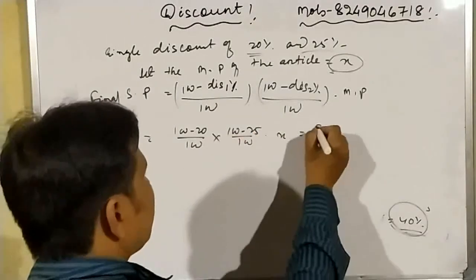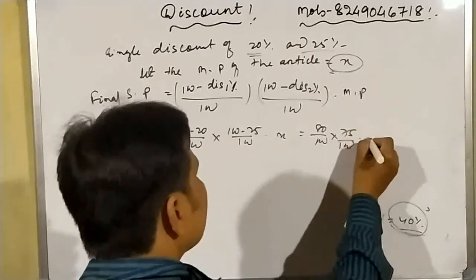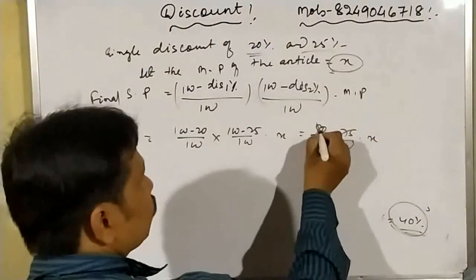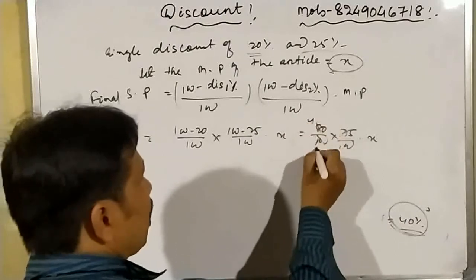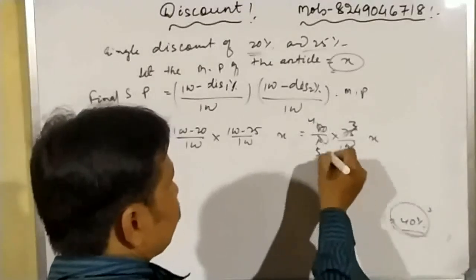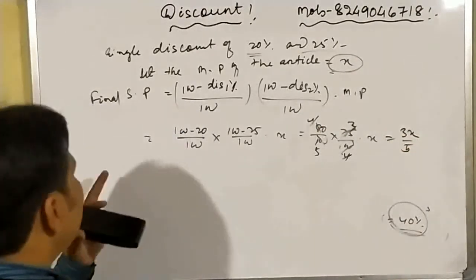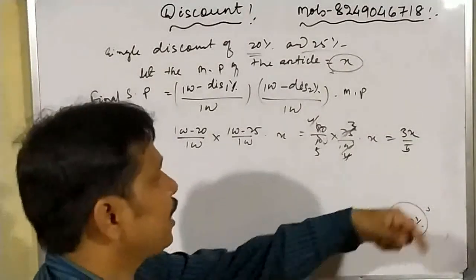The result is 80 by 100 into 75 by 100 into x. So 80 by 100 is 4 by 5 and 75 by 100 is 3 by 4, the 4s cancel, and it equals 3x by 5. So here we have got the final selling price directly.